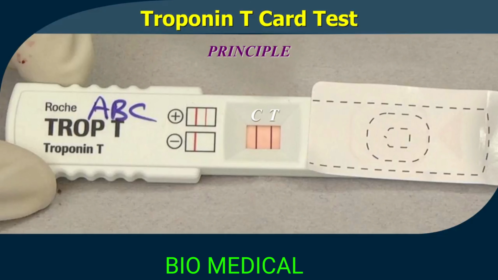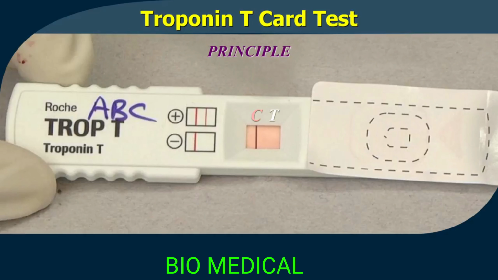If the concentration of this marker in the sample is above the cutoff level, red bands appear at the corresponding test lines and the control line. If the concentration of the marker in the sample is lower than the cutoff level, only the colored control line can be seen in the test window.